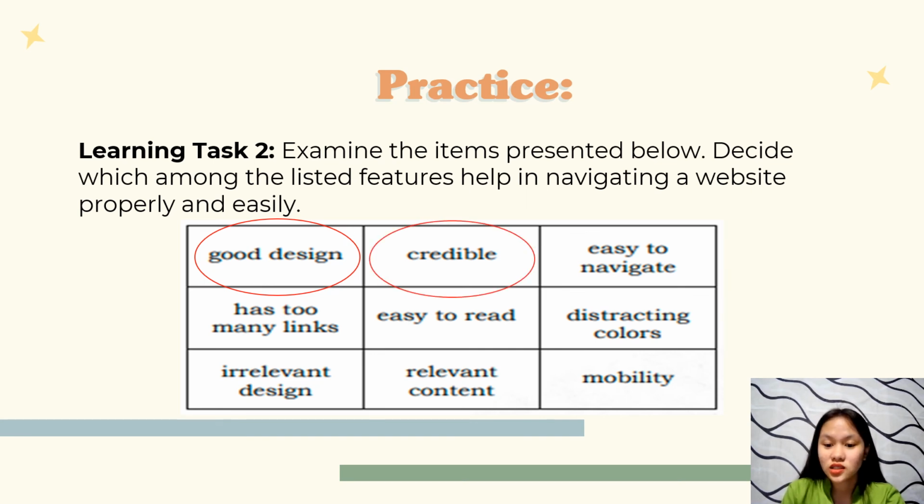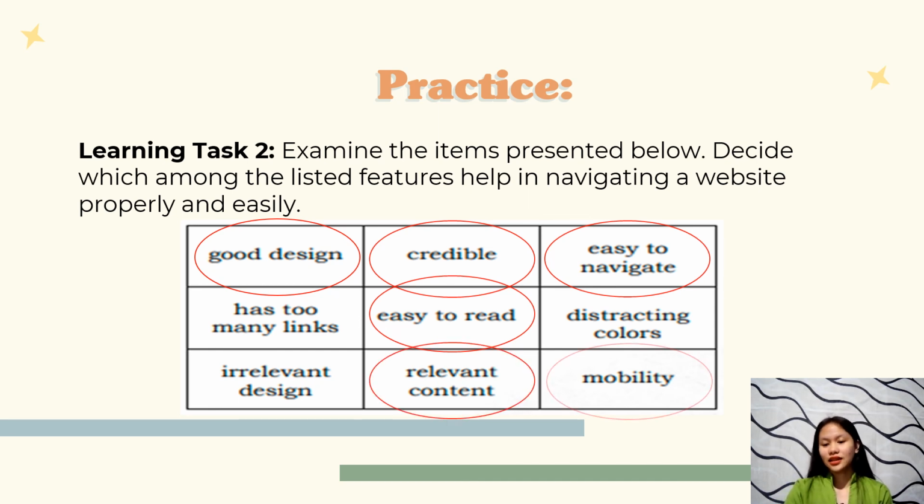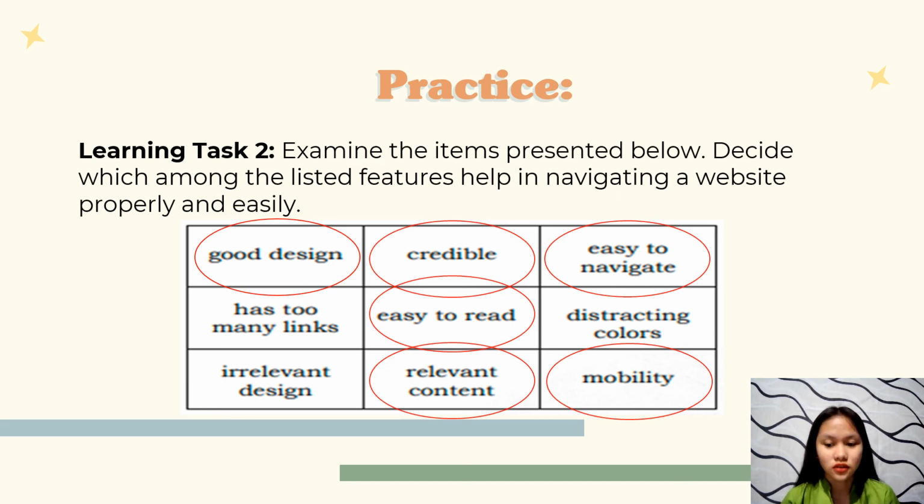Correct. Next, we have easy to navigate. Next, easy to read. Next, we only have two remaining features that help in navigating a website properly and easily. These are relevant content and lastly, mobility. Alright, now class, I hope you gained knowledge about our topic, which is the features of a website.